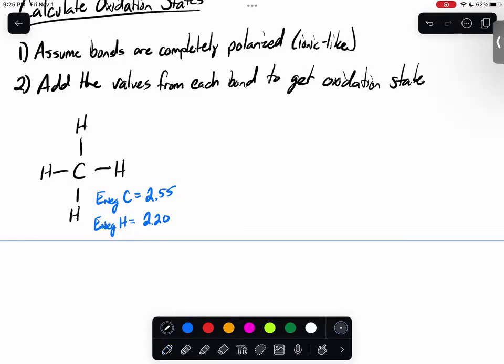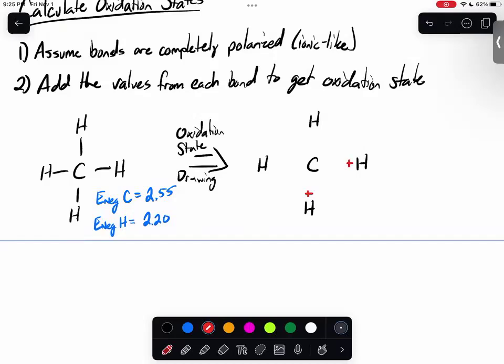So if we were to convert this into an oxidation state drawing, and I only show these drawings as a useful way to see this, it's not necessarily the most scientific way to draw this, but it makes a little bit of sense. For the carbon with those hydrogen bonds, we now assume that they are dissociated. Essentially, the hydrogen is getting the raw end of the deal where it has no electrons around it, so it's going to have a plus, whereas the carbon is going to have a negative for each bond because it is taking all the electrons from the bond.